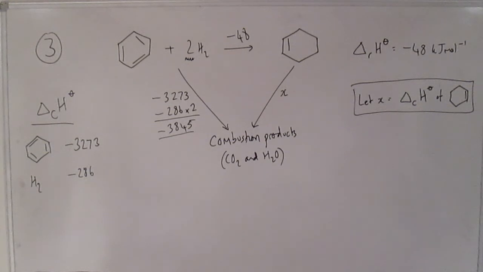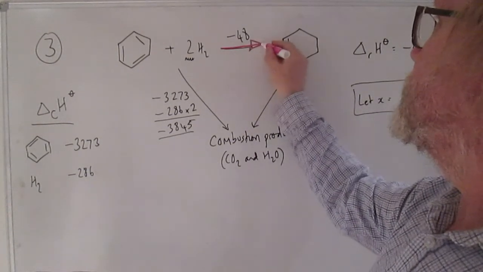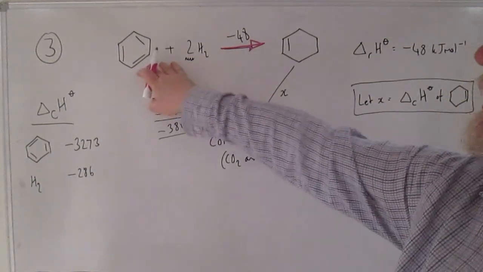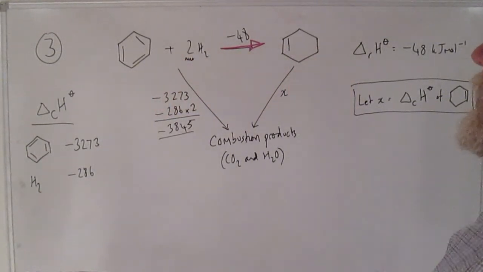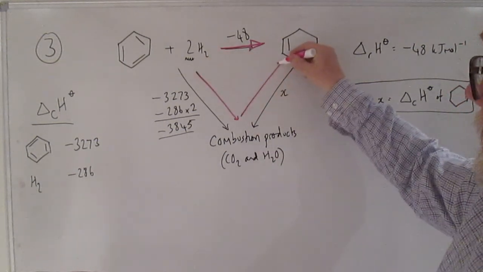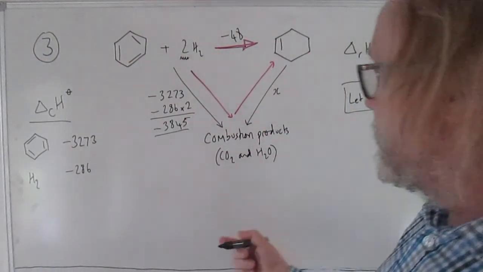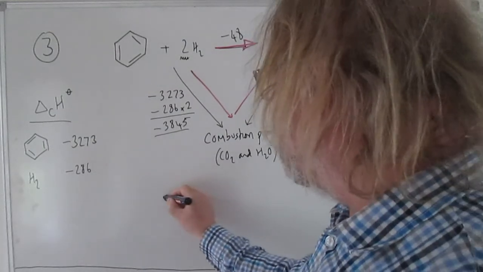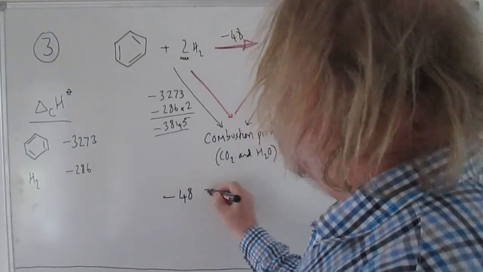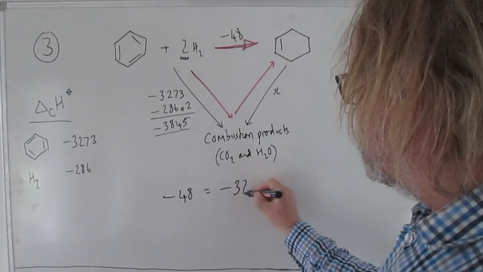Okay, so then we invoke Hess's law again and say, right, this, which is the direct process of benzene reacting with hydrogen, -48 kilojoules per mole. And if we did that in 2 steps, the sum of those 2 steps would also add up to -48 kilojoules per mole. So putting that together as an algebraic expression, we've got that -48 is equal to -3845 for the first leg.